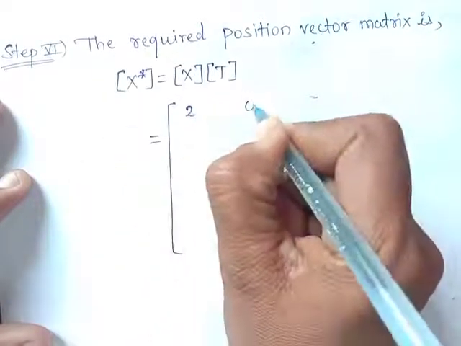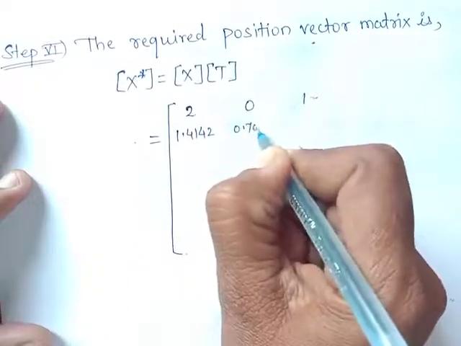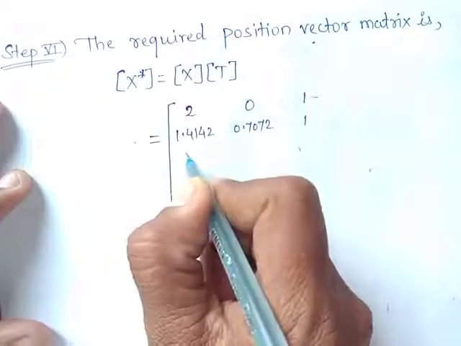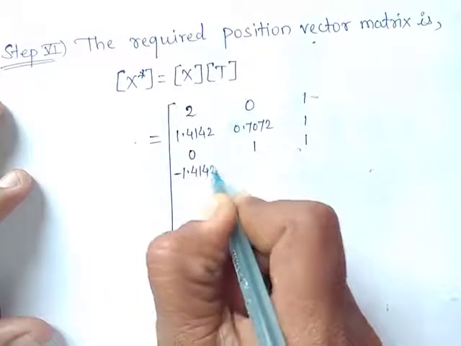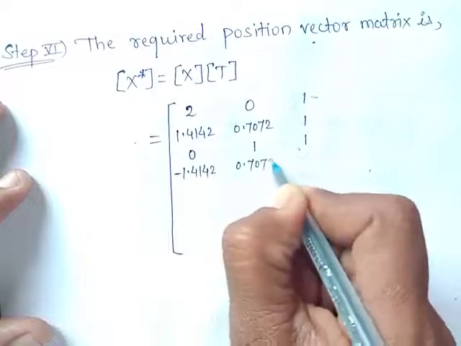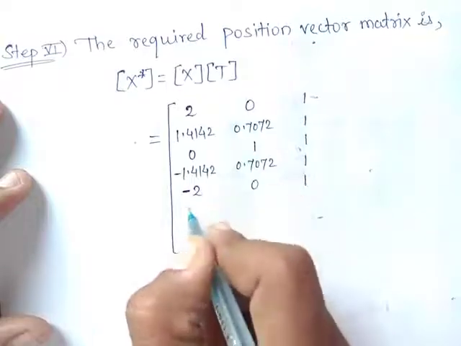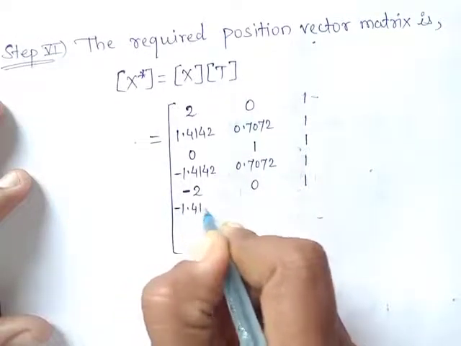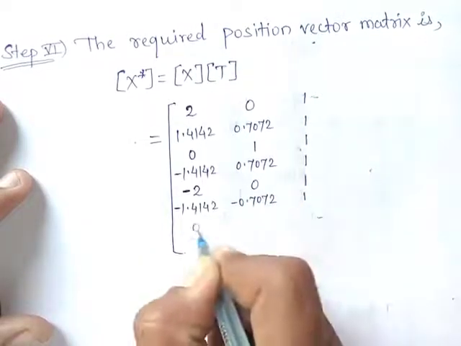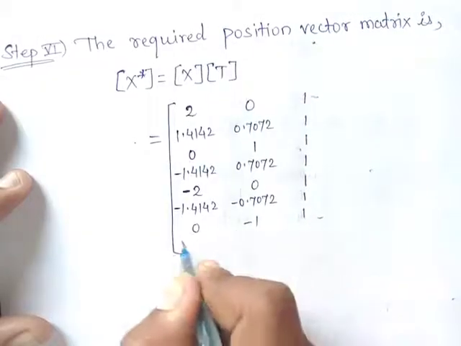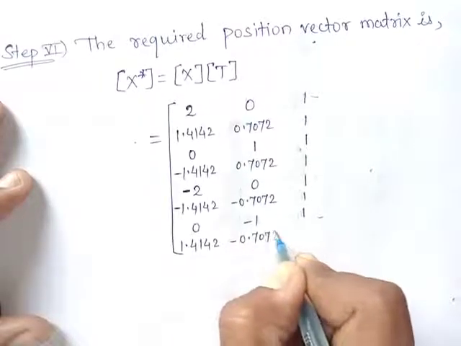So X has rows 2, 0, 1; 1.4142, 0.7072, 1; 0, 1, 1; minus 1.4142, 0.7072, 1; minus 2, 0, 1; minus 1.4142, minus 0.7072, 1; 0, minus 1, 1; 1.4142, minus 0.7072, 1.